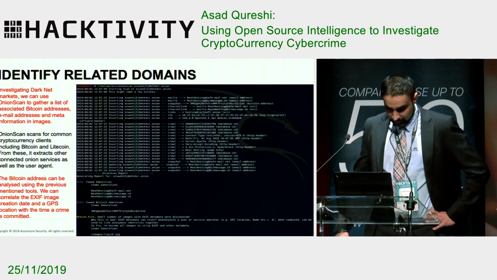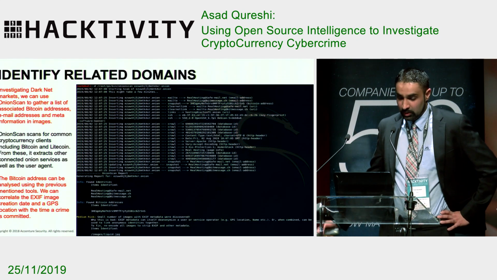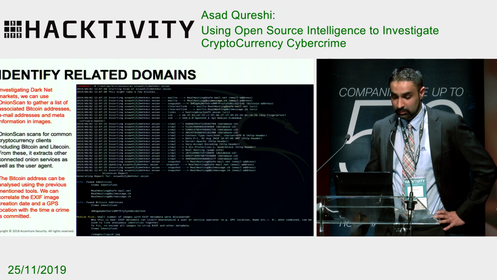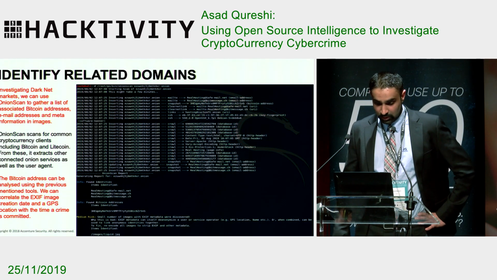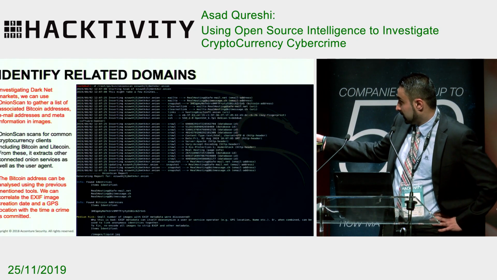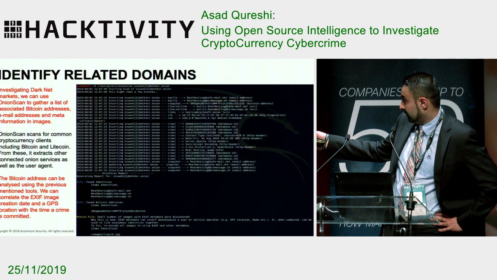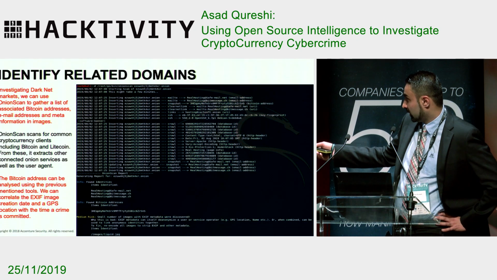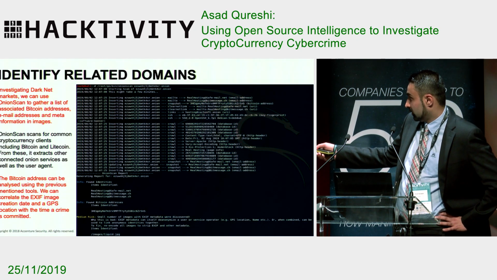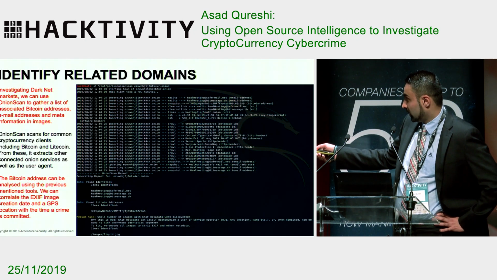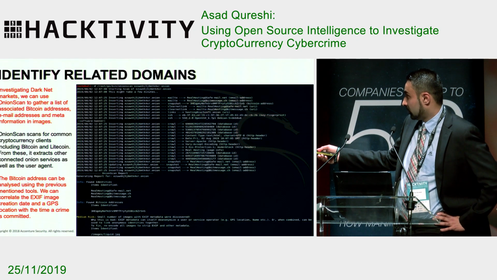So onion scan looks for more things, like it will look for the most common cryptocurrency clients, and it will also extract the Bitcoin address. It will find which email addresses are there, and it will look at the images on the darknet site, and it will try to find out the metadata.